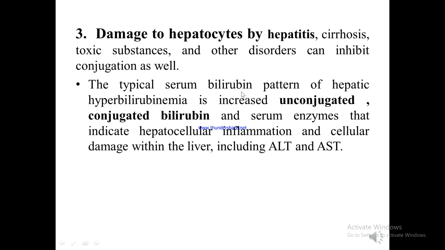The typical serum bilirubin pattern in these cases, associated with hepatitis and cirrhosis, is an increase in unconjugated bilirubin, and serum enzymes that indicate hepatocellular inflammation and cellular damage within the liver, including alanine transaminase and aspartate transaminase. While alkaline phosphatase and gamma glutamyl transferase will be at a normal level.